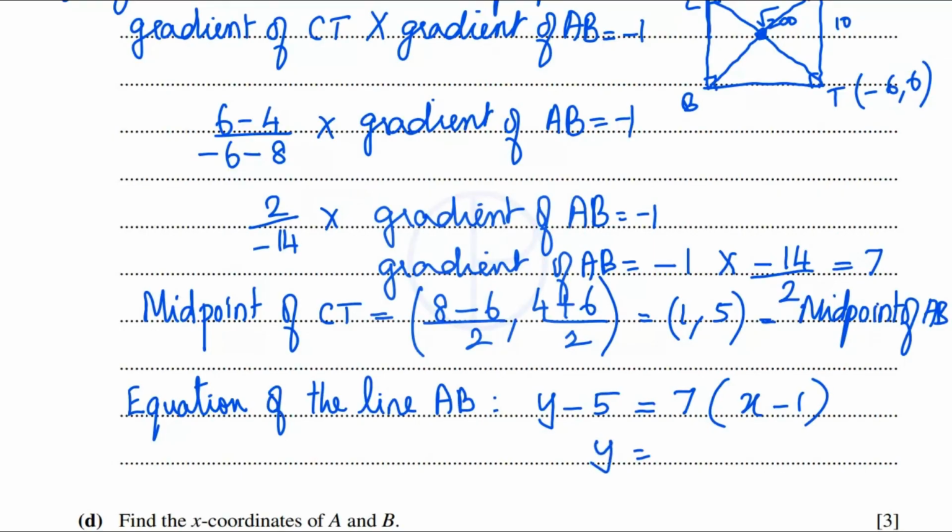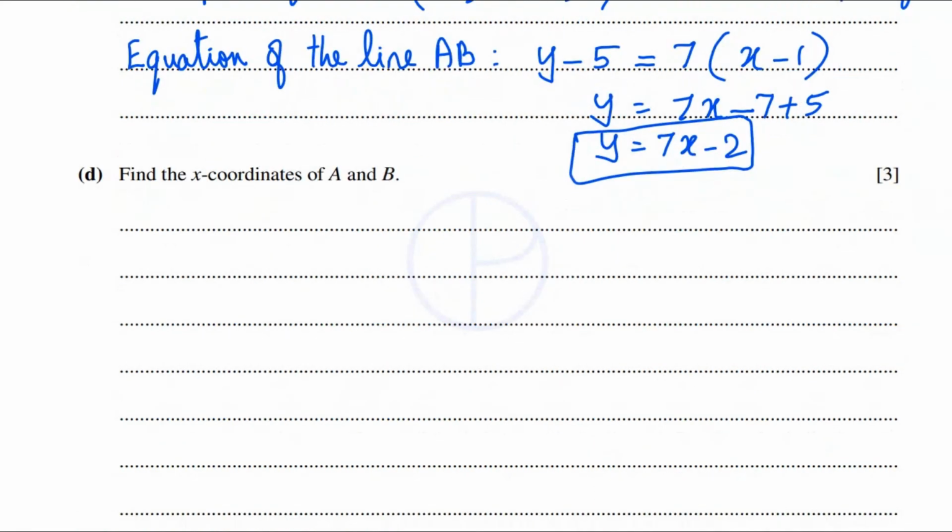So y is equal to 7x minus 7 plus 5. So y is equal to 7x minus 2, which is the equation of AB. The next part of the question is to find the x coordinates of A and B.